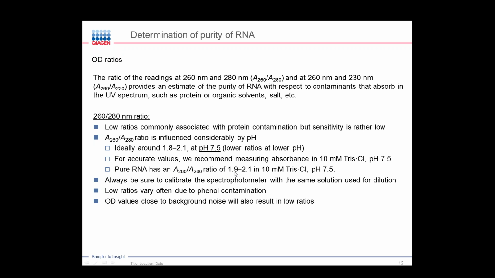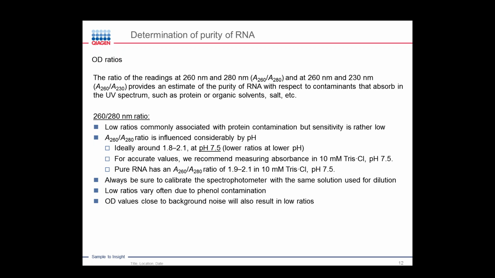The ratio of absorptions at 260 versus 280 is commonly used to assess DNA contamination of protein solutions, since proteins, in particular the aromatic amino acids, absorb light at 280 nanometers. The reverse, however, is not true.